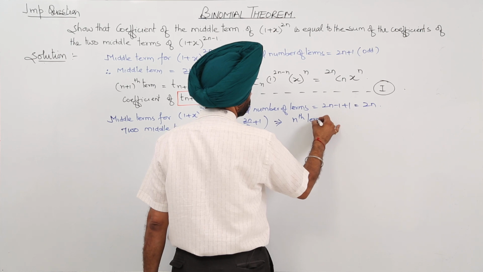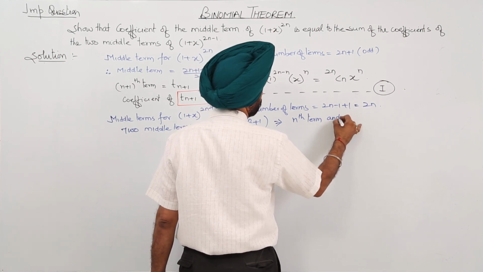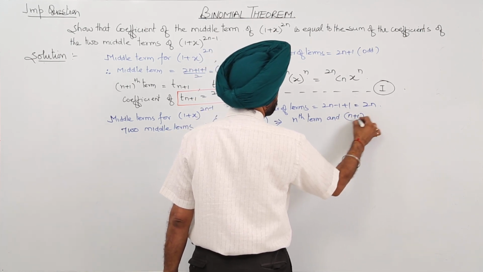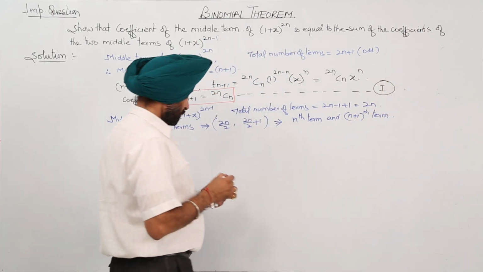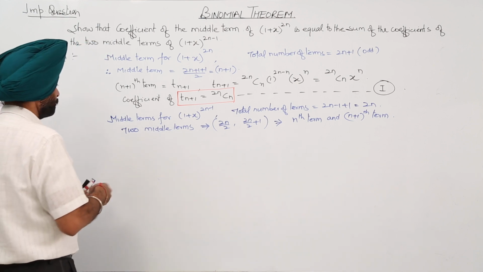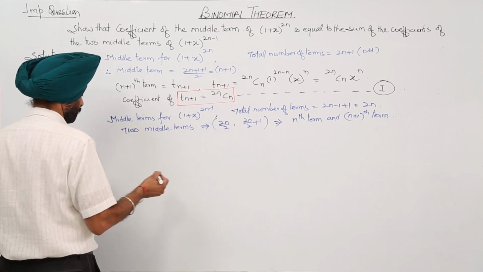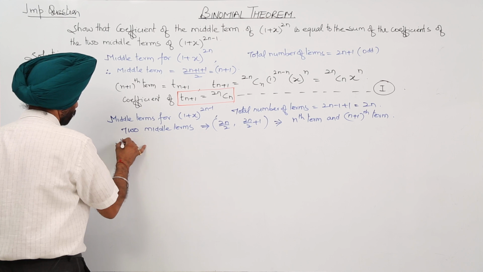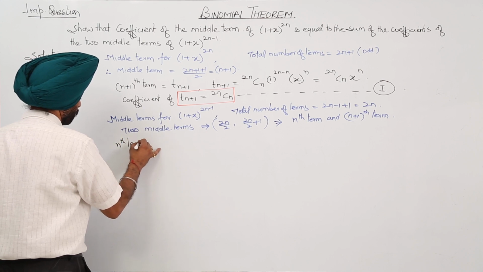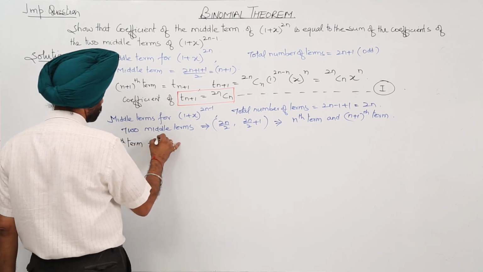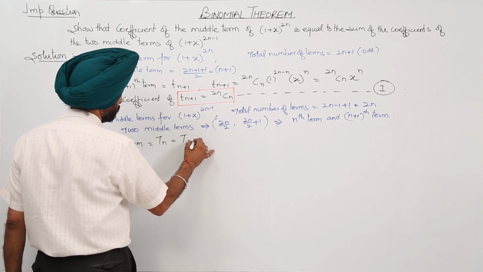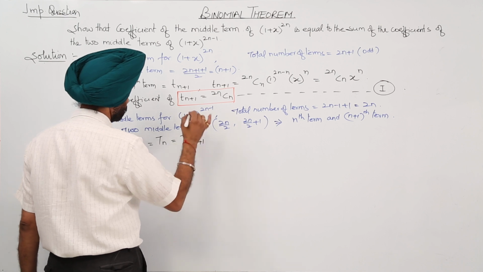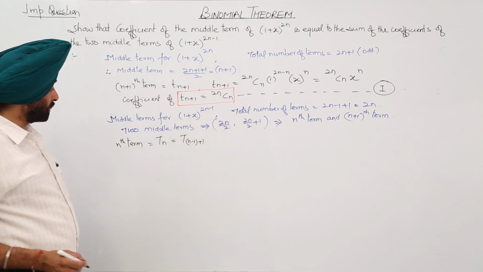So we are having the nth term and the (n + 1)th term. Now let us find the nth term. The nth term is equal to Tn, this is equal to T((n-1)+1). Is it clear?